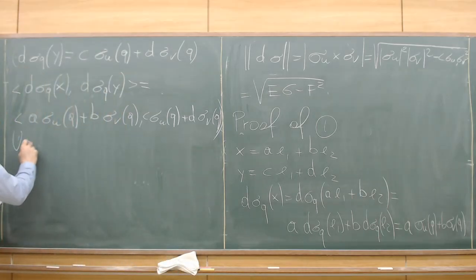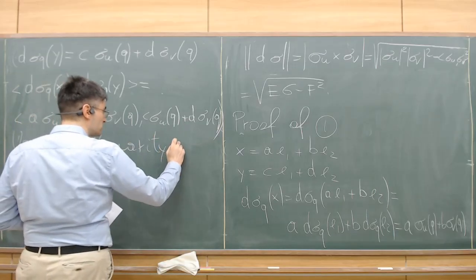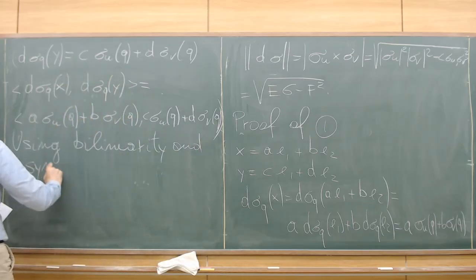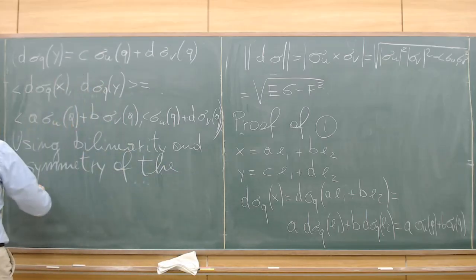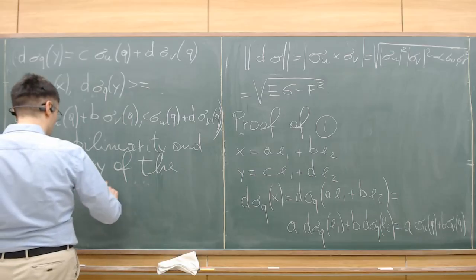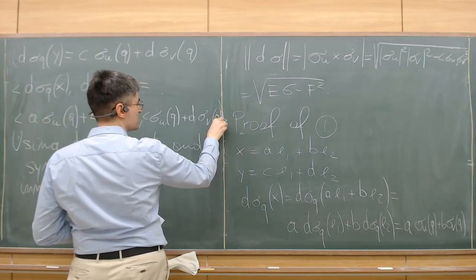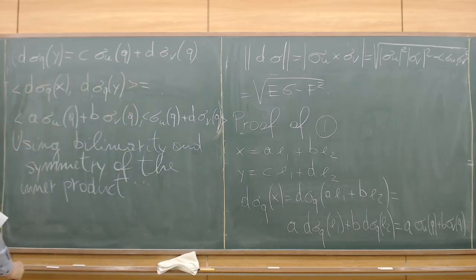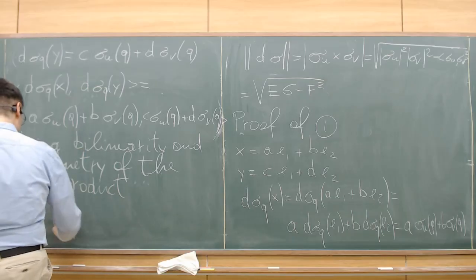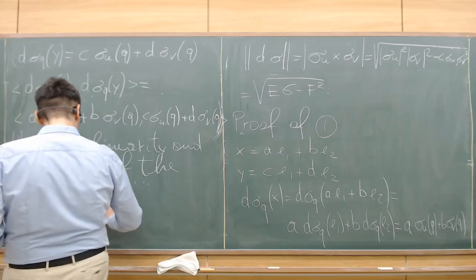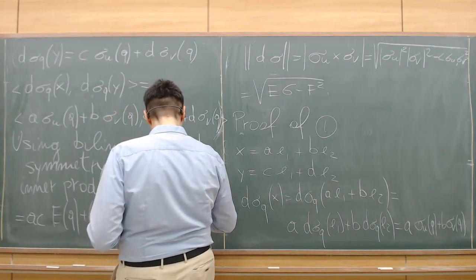And then using bilinearity and symmetry of the inner product, you can prove almost immediately, sorry, I had to write here this symbol and not a bracket, you can prove immediately that this is equal to ac E of q plus (ad plus bc) F of q plus bd G of q.